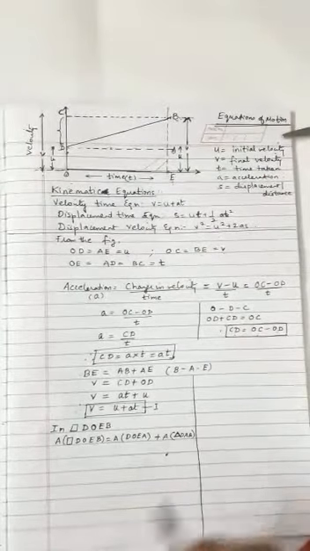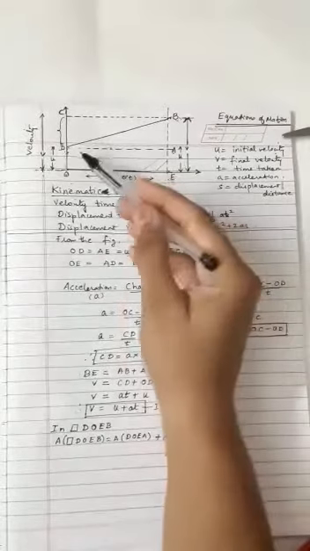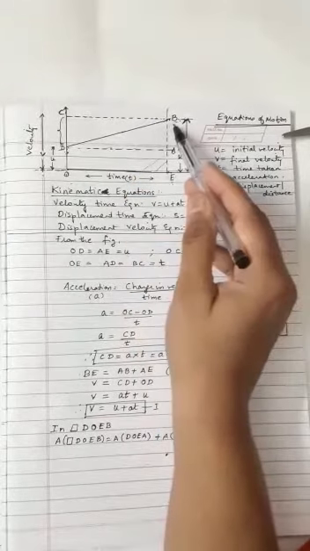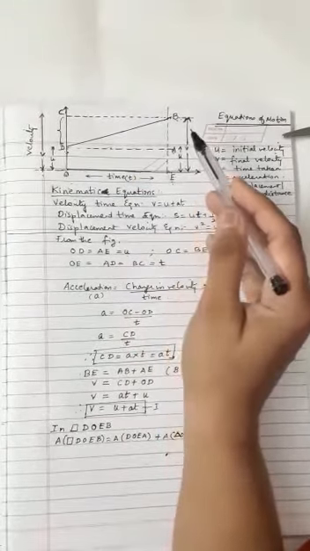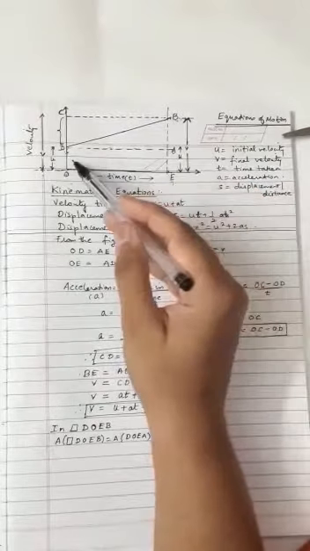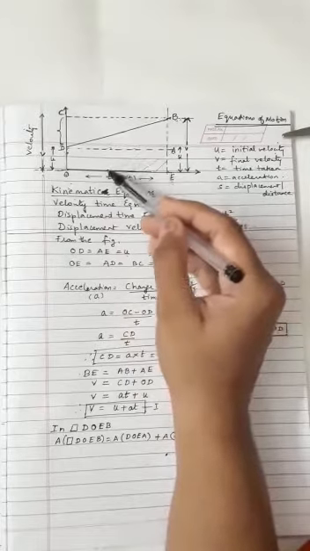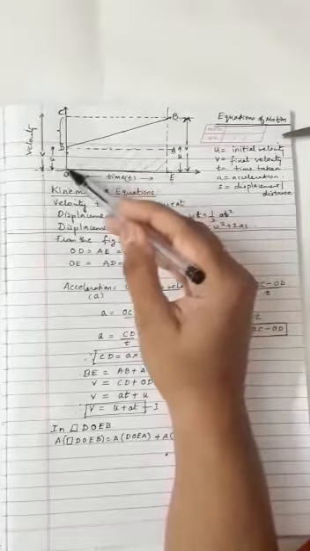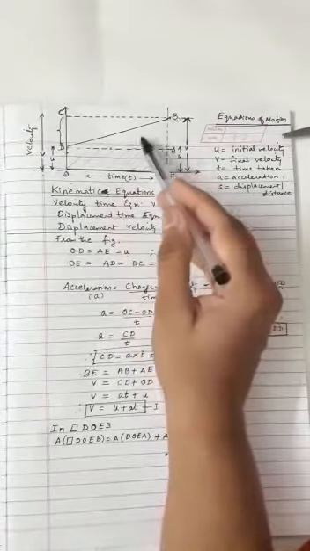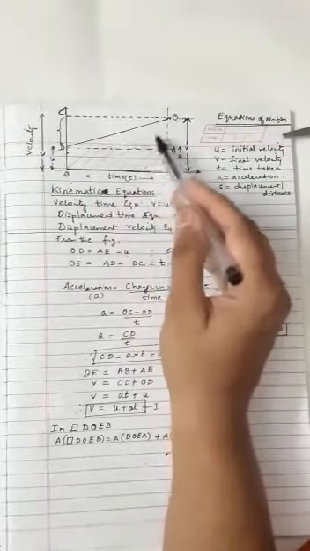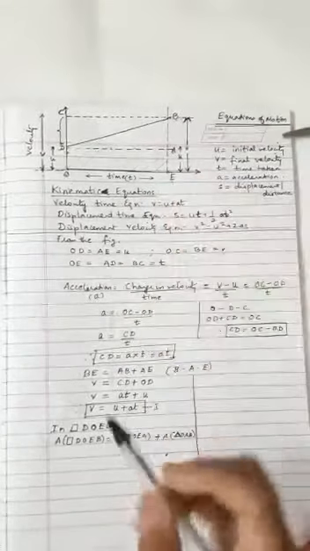So understand this. The quadrilateral DOEB, I can divide into two parts. One, the bottom part, which is a rectangle, and the remaining top part, I can call it a triangle.